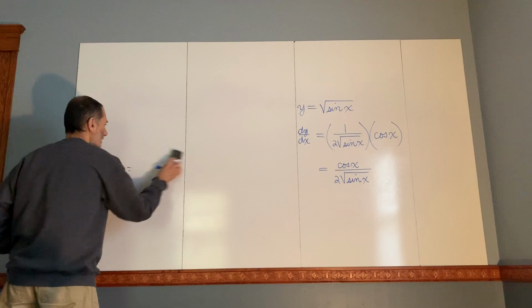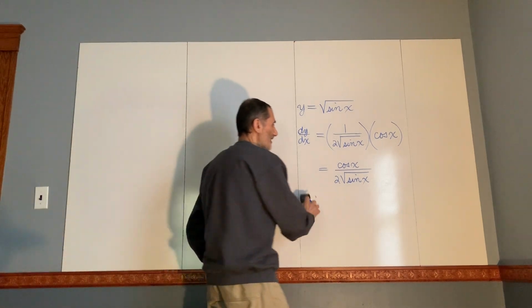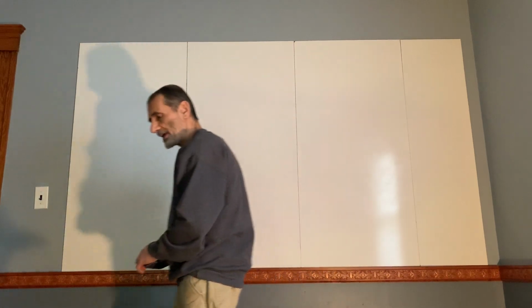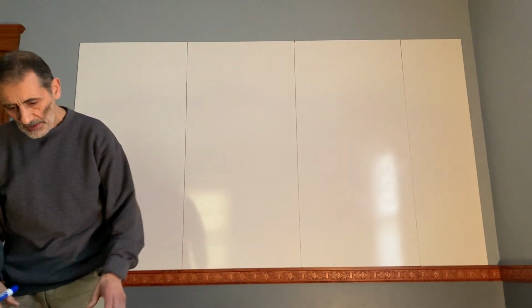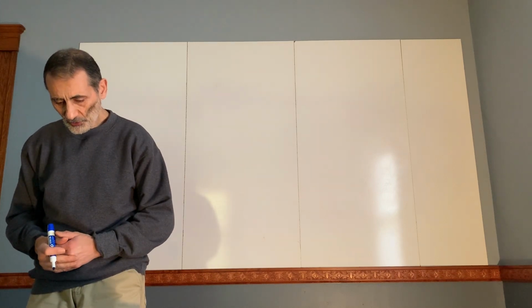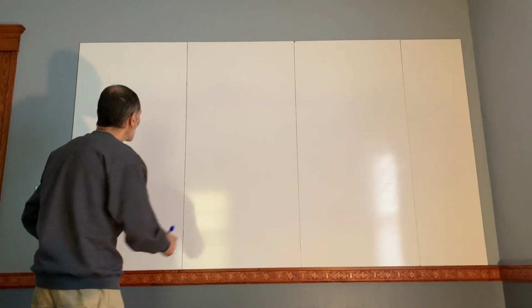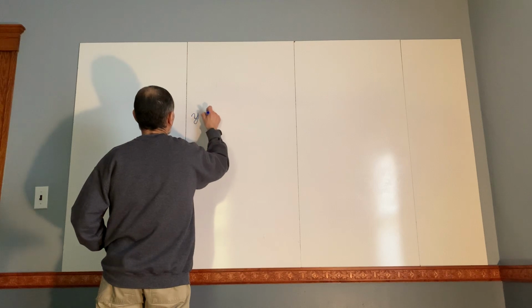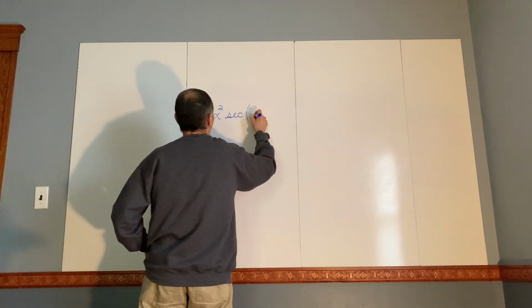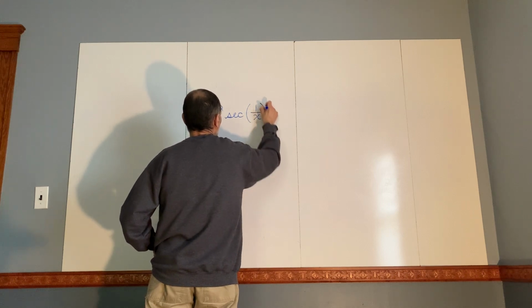Now, let's take a look at a couple of chain rules with product and quotient rules. So let's take the function y equals x squared times the secant of 1 over x.